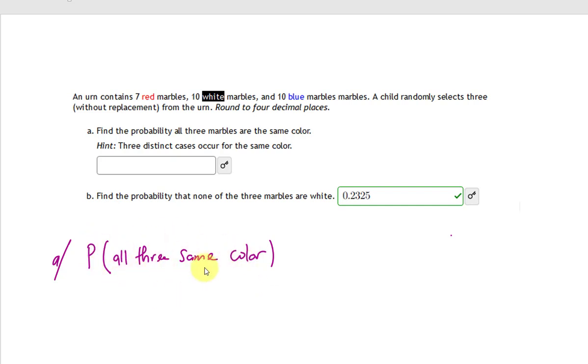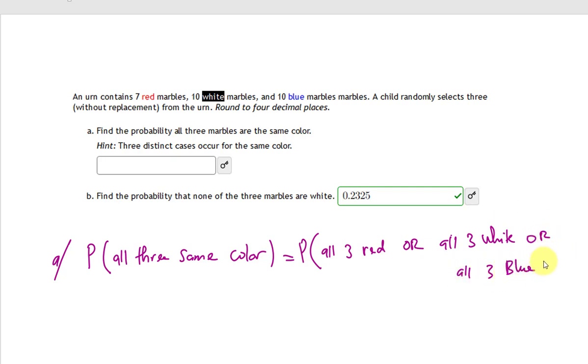You want the same color, that means you want the probability of all 3 red, right? Or all 3 white, or all 3 blue.